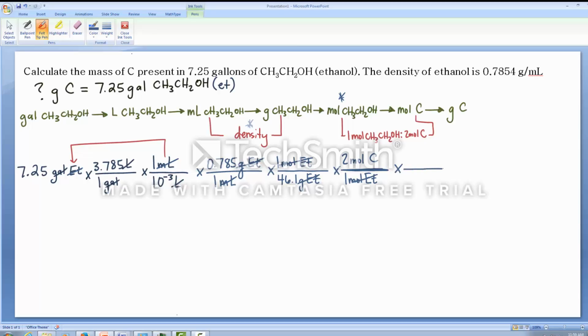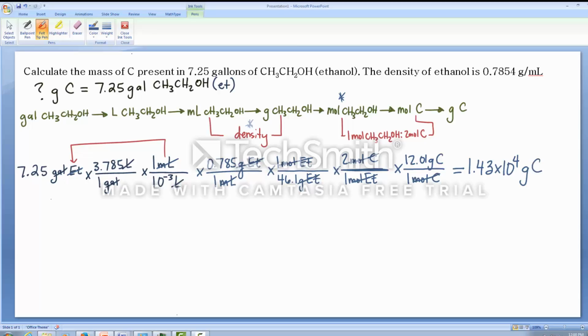And now I can use the atomic mass of carbon. 1 mole of carbon is 12.01 grams of carbon. So moles of carbon and moles of carbon cancel. And what I'm left with when I do all of this multiplication across the top and then divide, if that's the way you want to think about it, I'm left with 1.43 times 10 to the 4th grams of carbon.